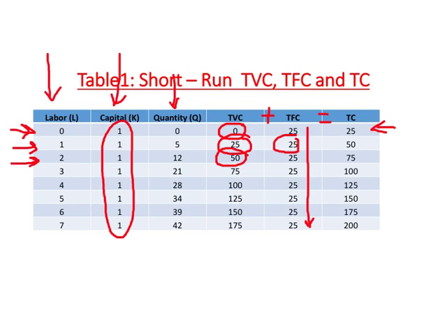When the firm uses one worker, the total variable cost is 25 and the total fixed cost is 25, so total cost of production becomes 50. Essentially, we are simply adding numbers in each row for TVC and TFC, and this will give us total cost.